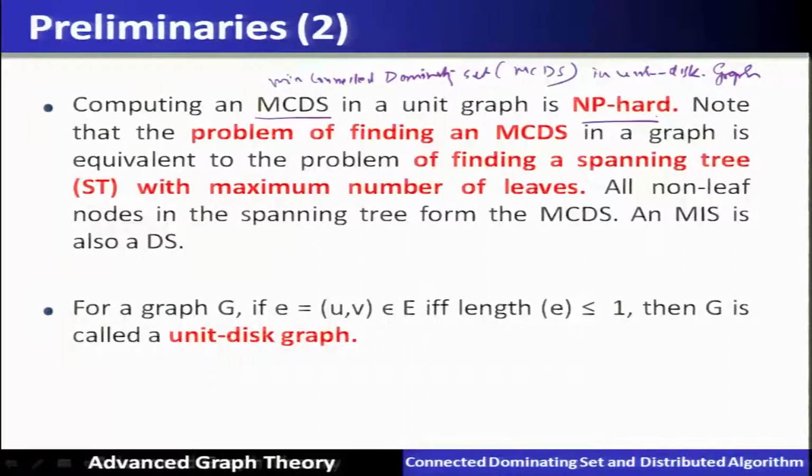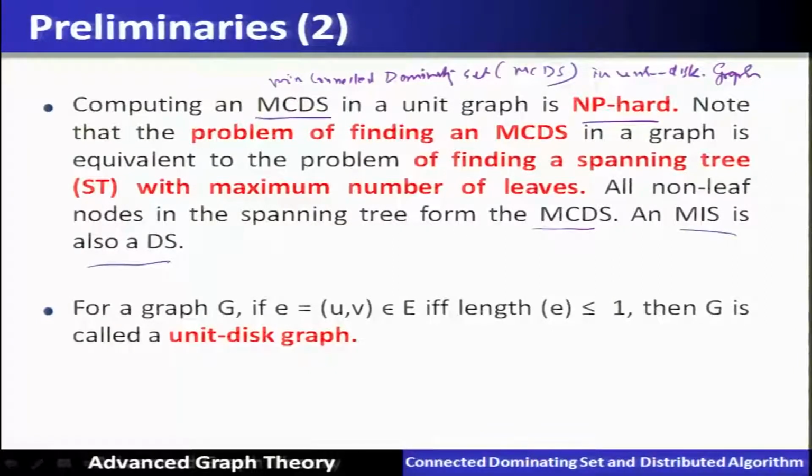Note that the problem of finding an MCDS in a graph is equivalent to the problem of finding a spanning tree with a maximum number of leaves, and here the non-leaf nodes in the spanning tree will form the MCDS. And MIS is also a dominating set.